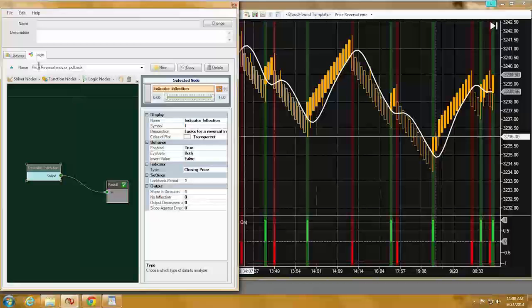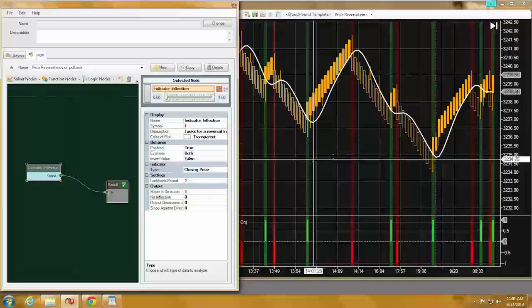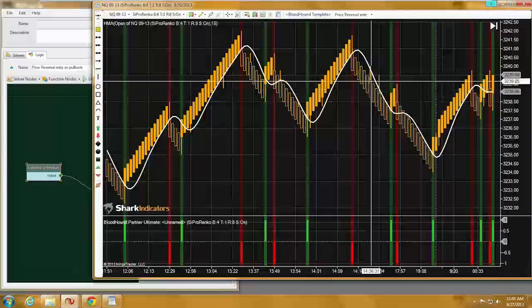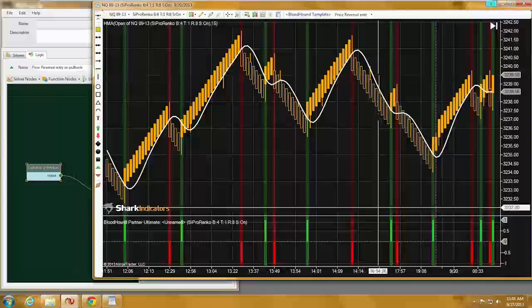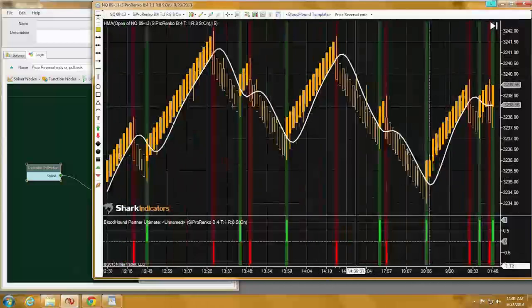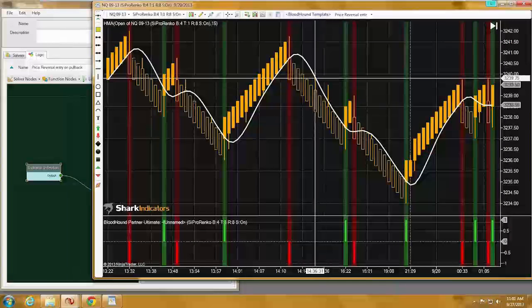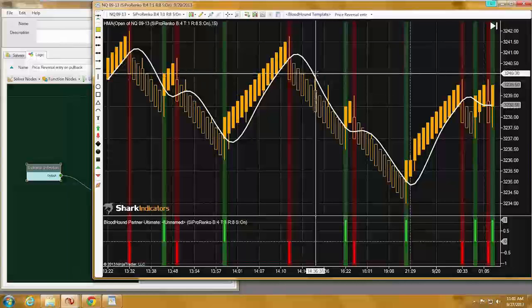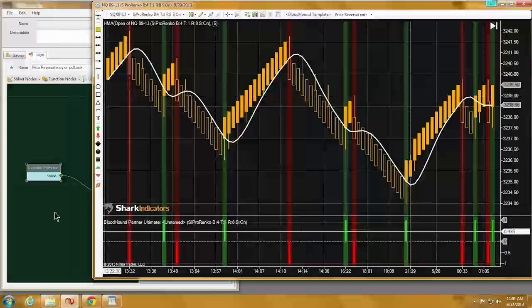I got a lot of signals, and now I can just work on building the pullback part. In looking for the pullback, for short signals, we're going to be looking for the high price to either touch our moving average or break our moving average for that pullback.